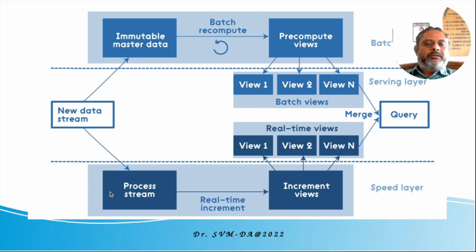On the other side, below, if you look at it, the data available as a stream is processed as a stream, and real-time information is made available. So incremental real-time information is made available as new and new data are coming.